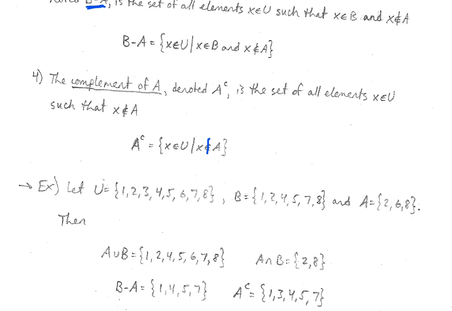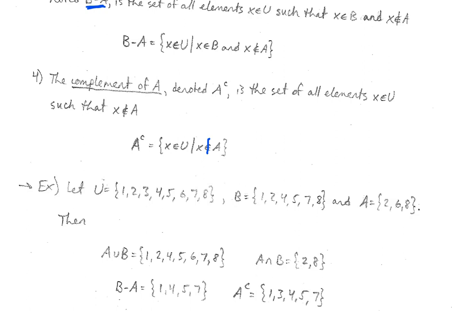Following that pattern of checking, 4 is in B, not in A, so it belongs in our difference. Same thing with 5. Same thing with 7. And then 8. 8 is in B, but 8 is also in A, so it does not belong to our difference.